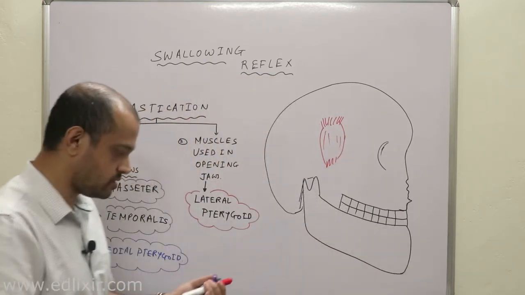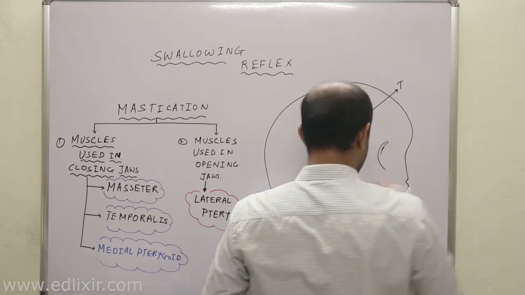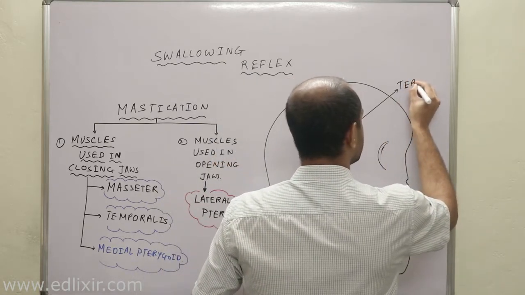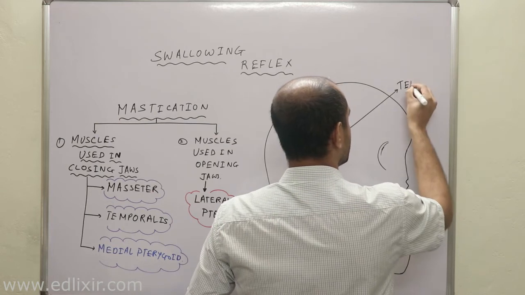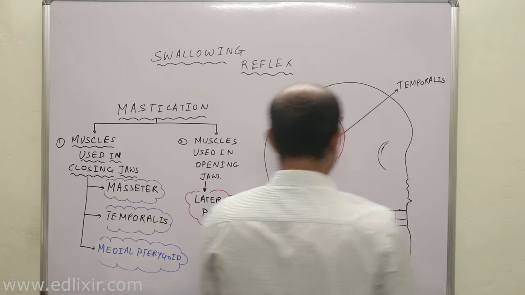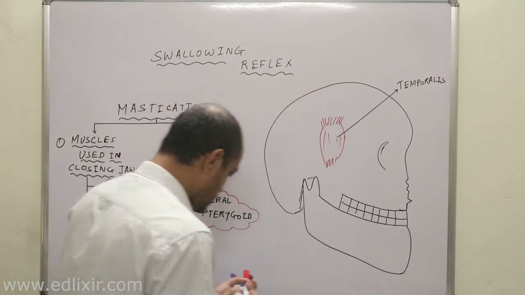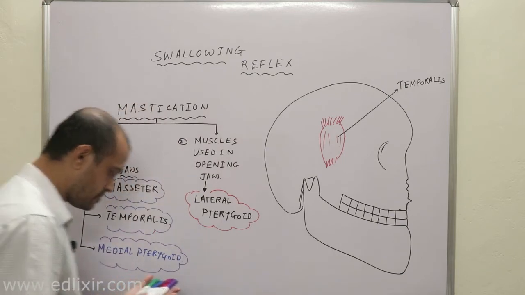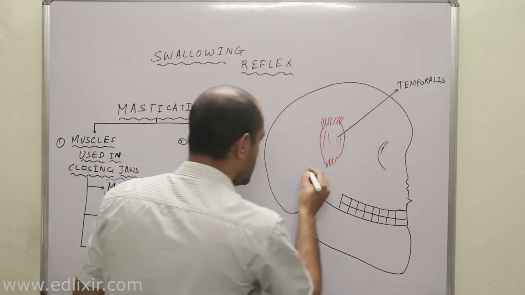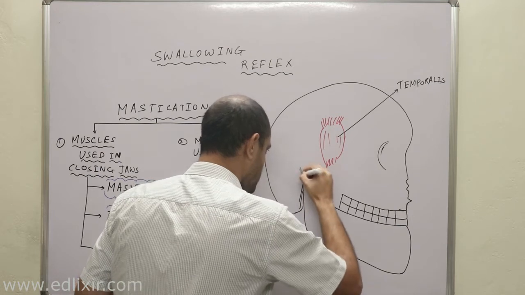This is your temporalis muscle. Now, what is this? The masseter is present here.